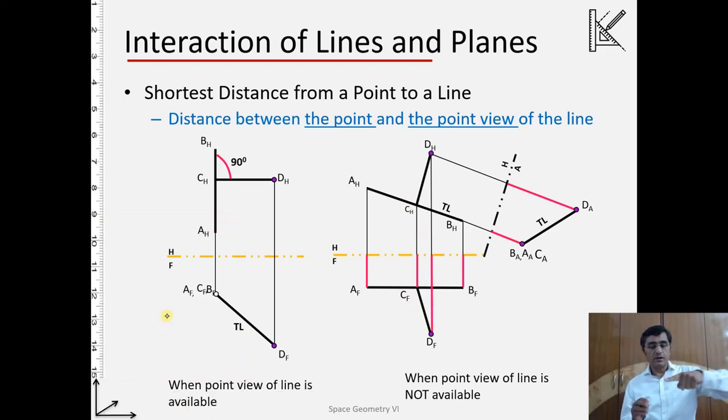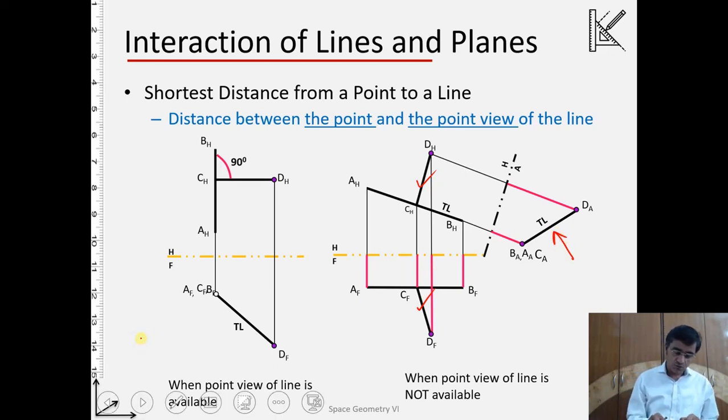Between a line, of course in this case the line was horizontal because it is parallel to the horizontal plane, and a point, from this point D if I drop a perpendicular onto this line AB, the foot of the perpendicular is C, so this is DC. So the projection of DC now on horizontal and on frontal are like this. Okay, so this is how we can determine the distance. And what is the value of the distance? The value of the distance is written over here.